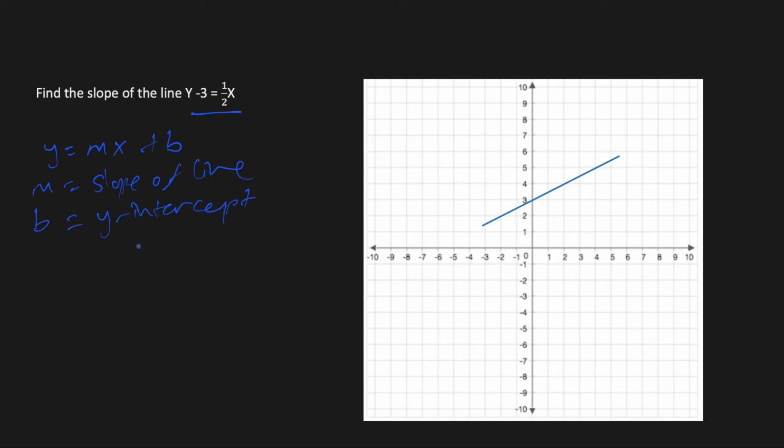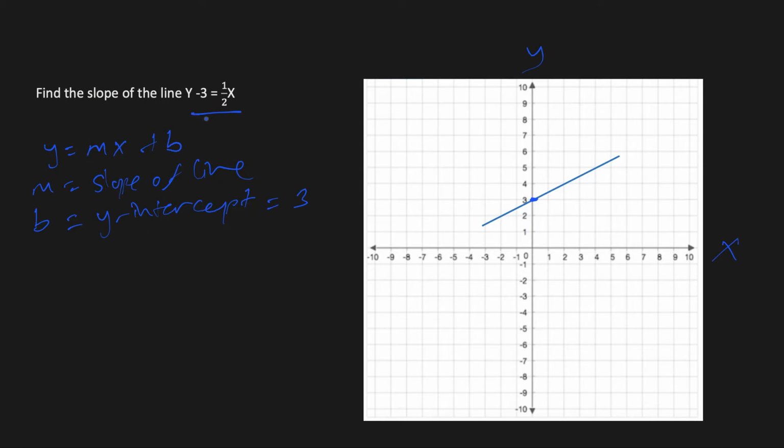So the y-intercept is the point where the line intersects the y-axis. Looking at this graph and this line, this is the point where the line passes through the y-axis. So this is y and this is x. So in this case, b is 3.